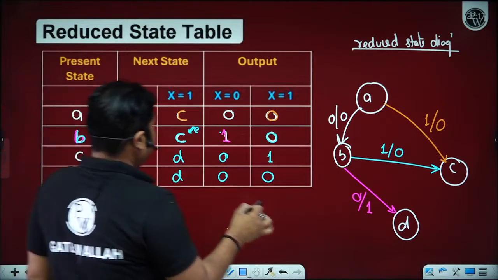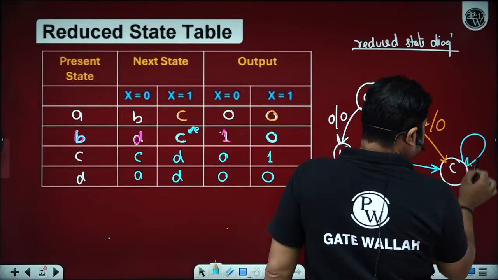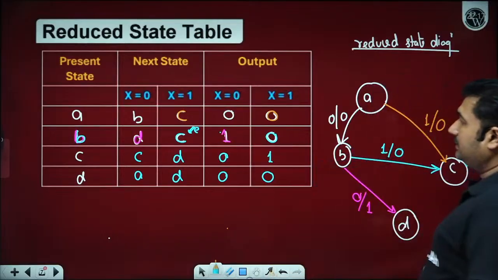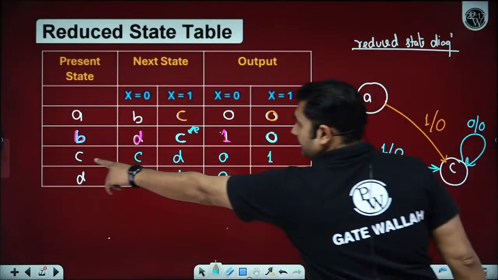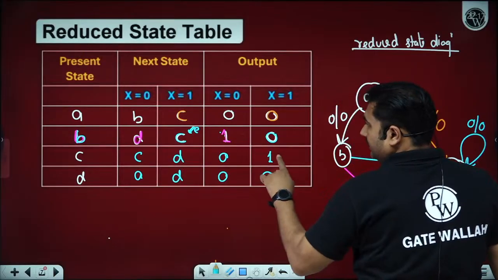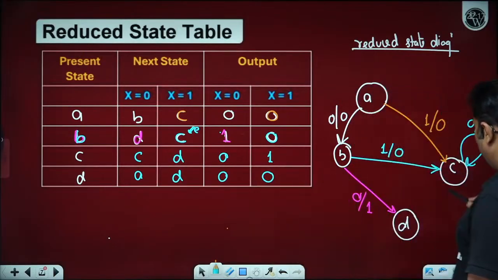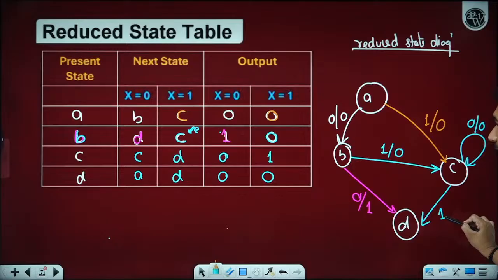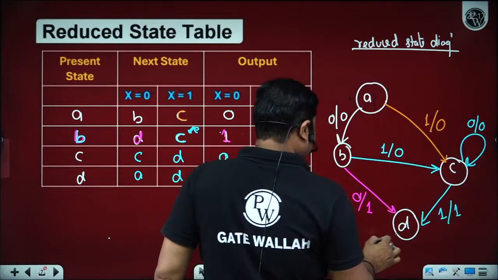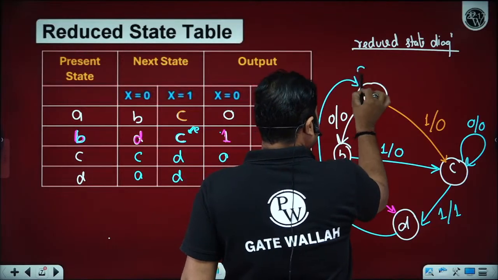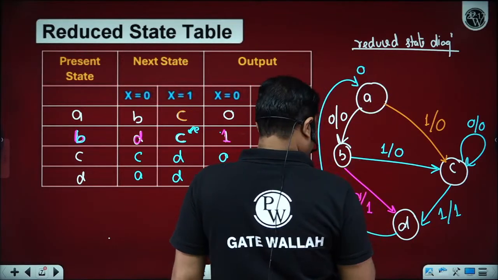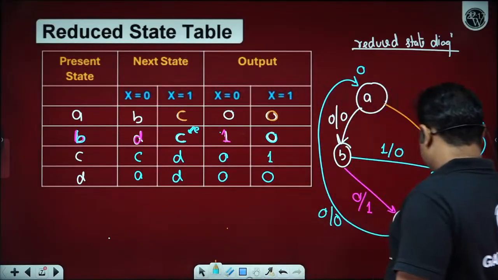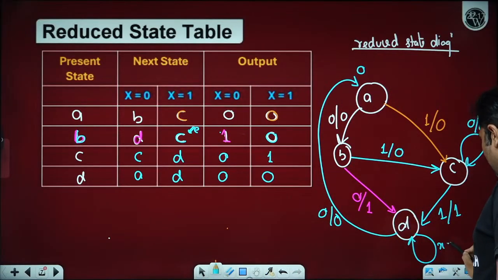Present state C with x equals 0, next state C, output 0. Present state C, x equals 1, next state D, output 1. How many of you able to understand? Present state D, x equals 0, next state A, output 0. Present state D, x equals 1, next state D, output 0.